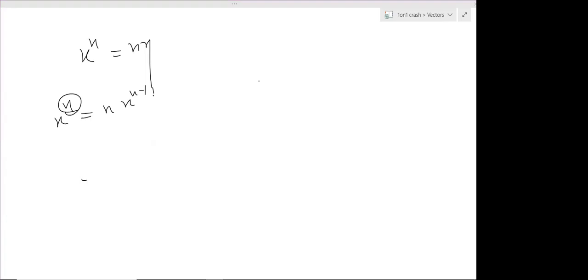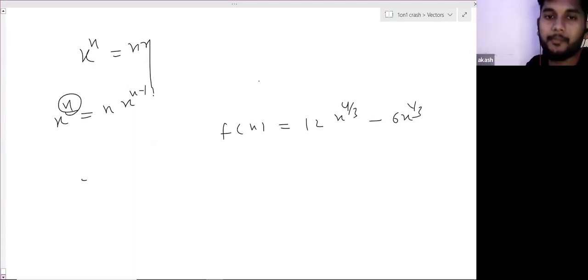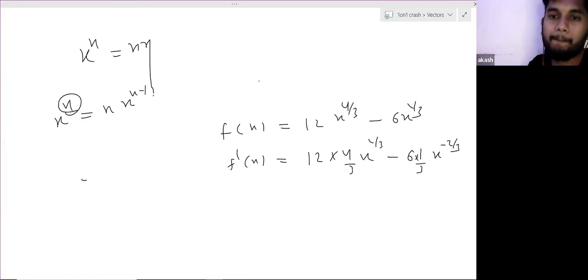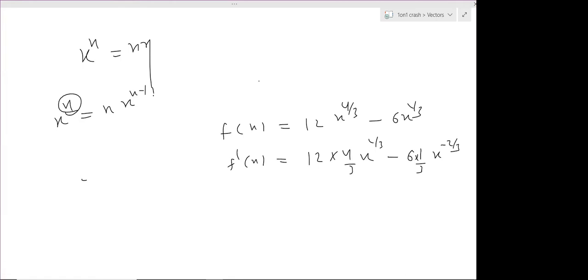F of x is 12 x to the power 4 by 3 minus 6 x to the power 1 by 3. If we differentiate this, 12 into 4 by 3 x to the power 1 by 3 minus 6 into 1 by 3 x to the power minus 2 by 3, right? Let's put this value as 0.